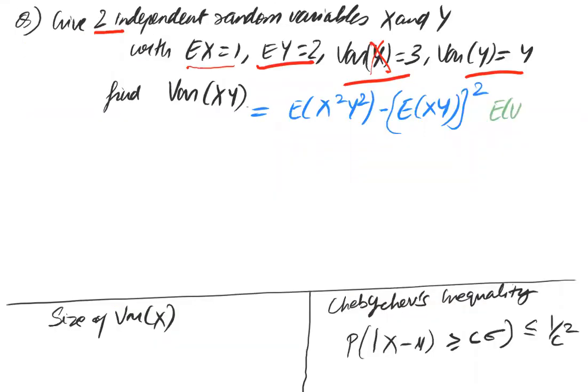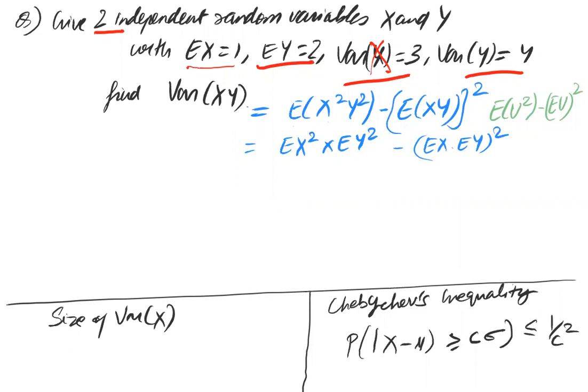So this is E[U^2] minus E[U] the whole square. This is what we wrote for variance. This is exactly what we're writing in this format. Now we know that E of X^2 Y^2 can be written as E of X^2 times E of Y^2 minus E[X]E[Y] the whole square.